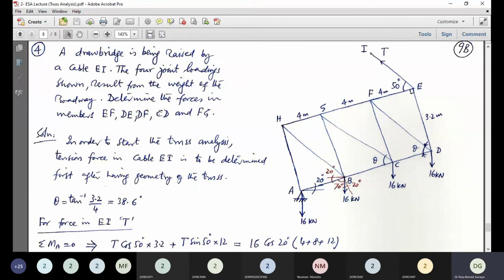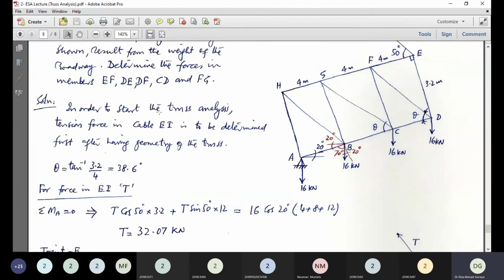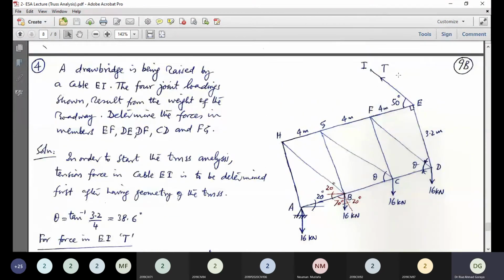In this problem, we will see that joint approach is equally good. In this particular problem, if we consider joint, because now this is known and these two forces are unknown, so method of joint वाली जो condition है वो applicable हो गई.